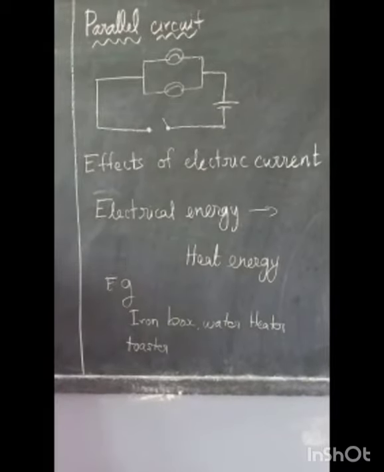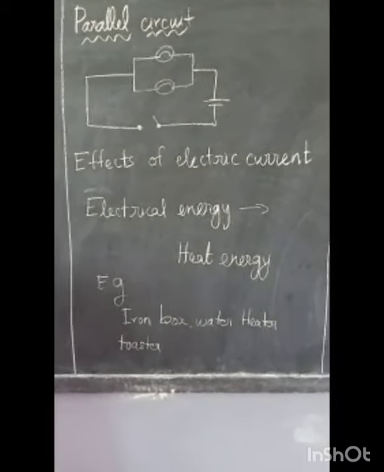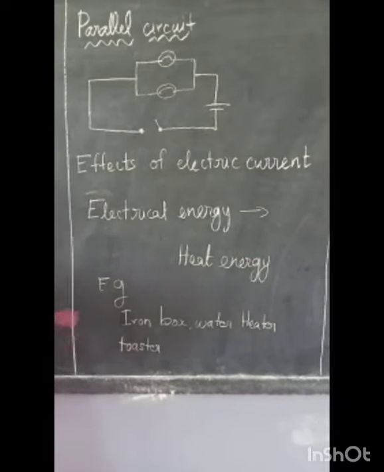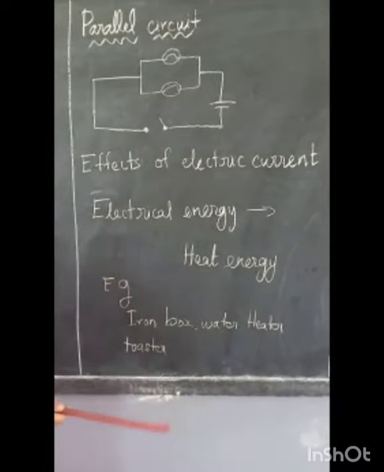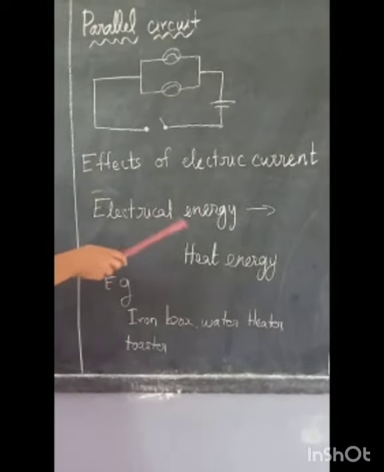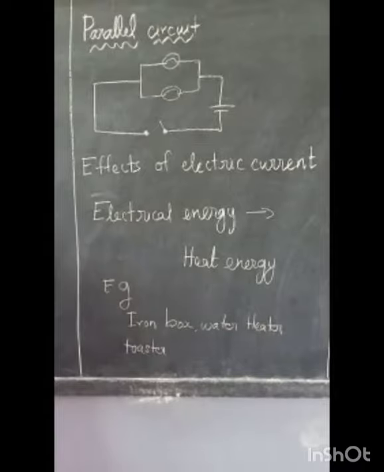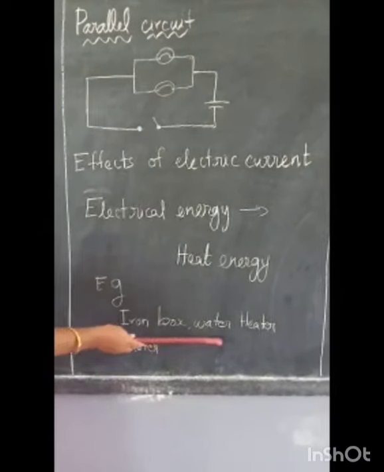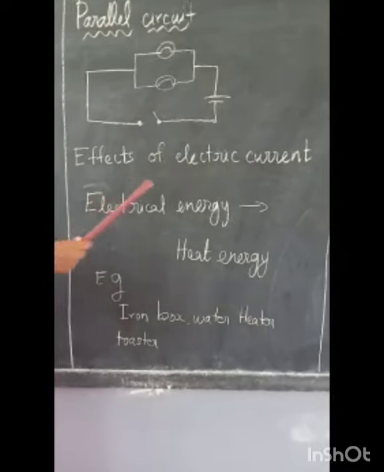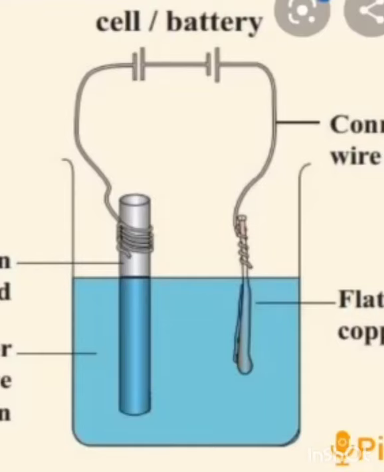So work has to be done to move the electrons in the circuit. That work done is converted into heat energy. By this application, we can convert electrical energy into heat energy. For example, iron box, water heater, toaster are some examples of the effects of electric current.